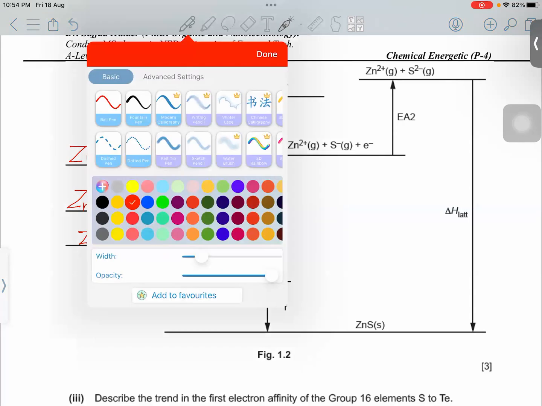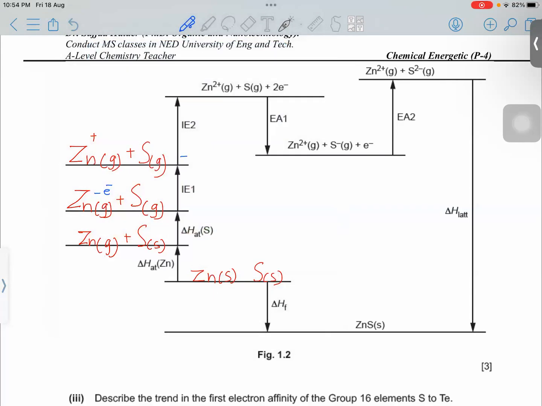Here you can show this electron which is removed. Now this electron is given to sulfur, right? Now again one electron is removed.